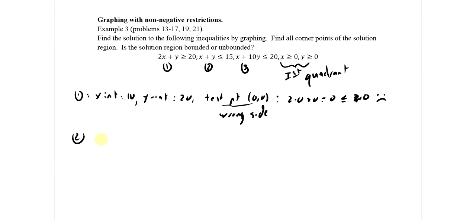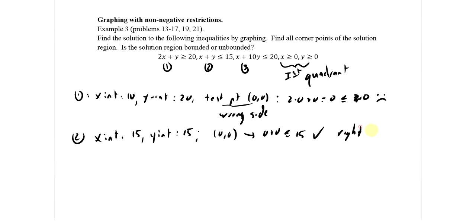Line 2, x-intercept, well this is easy because there are no coefficients, x-intercept is just 15, y-intercept is 15. If you plug in 0, 0, it gives me 0 plus 0 is less than or equal to 15. That's true. So 0, 0 is on the right side, the side that we want.